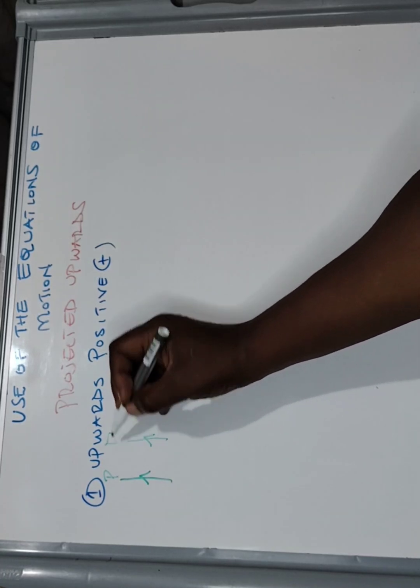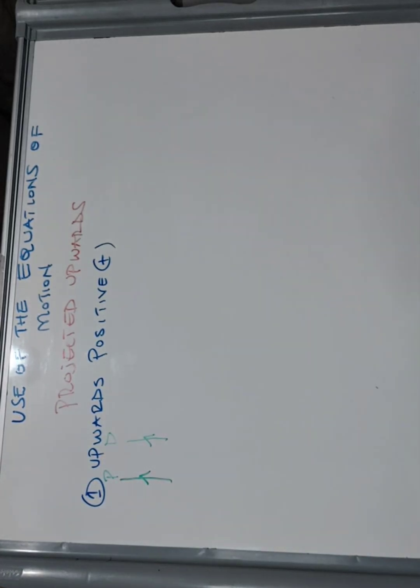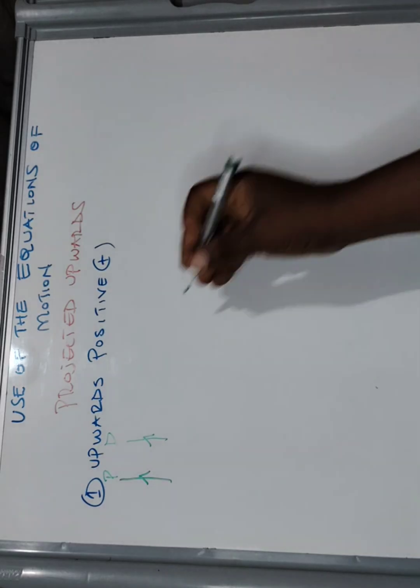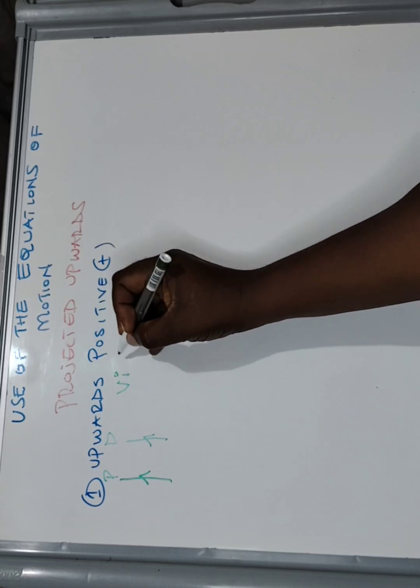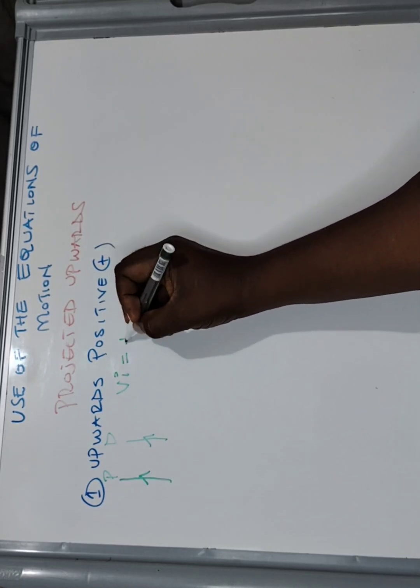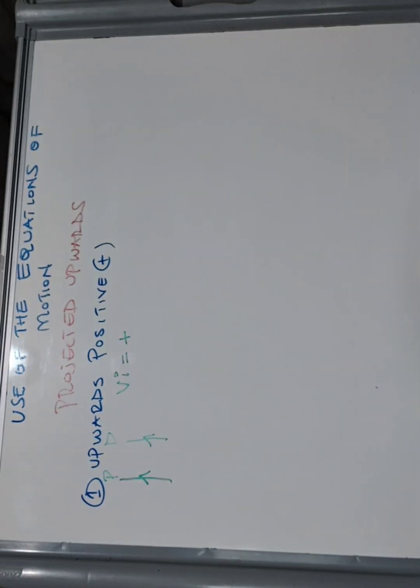This is the direction taken. So when you look at here, the body is projected upwards and you have taken upward positive. What does that mean? That means that our initial velocity is positive.